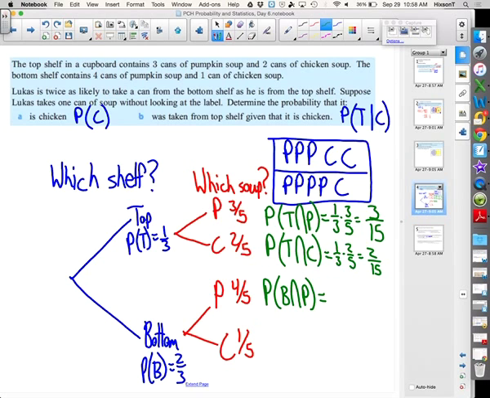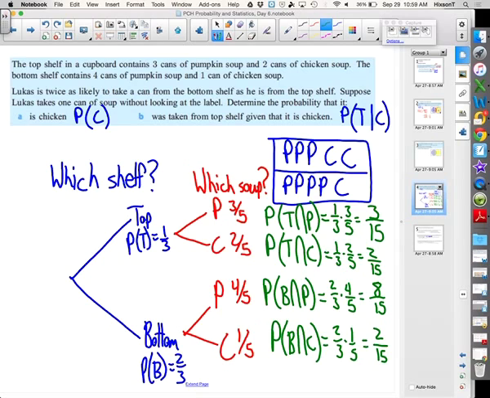So it's 2/3 times 4/5. Okay, so we have 8/15. And then finally, the probability we pick the bottom shelf and we pick chicken. We've got 2/3 times 1/5. So we have 2/15. Now notice I didn't reduce this one because now we can see they're all 15ths.